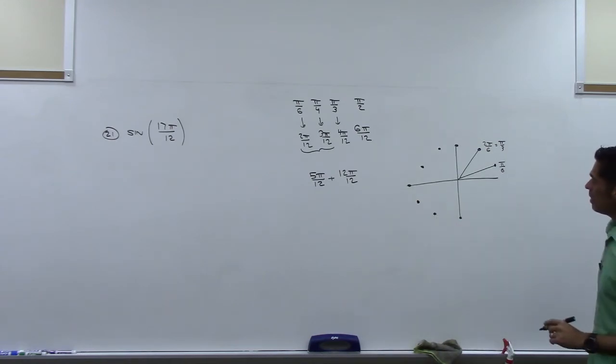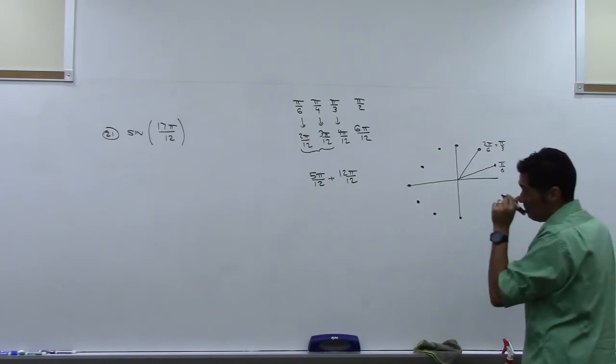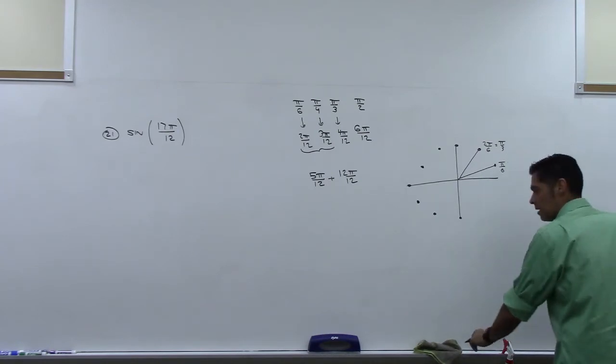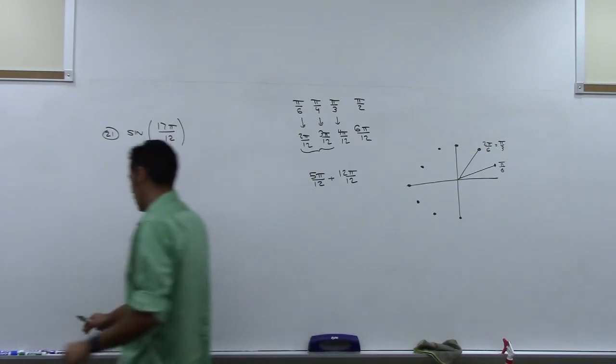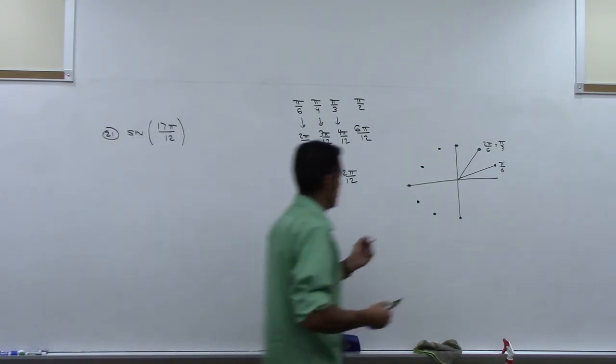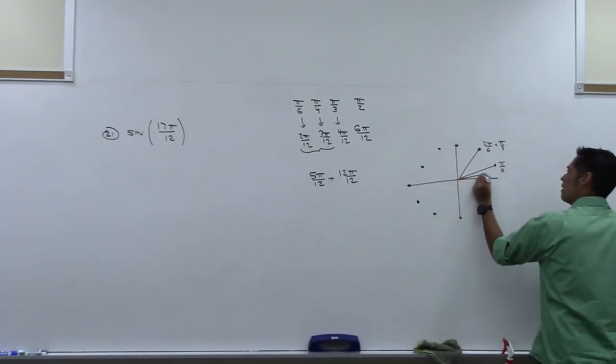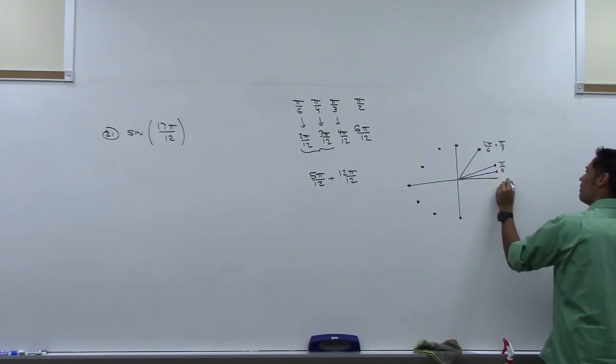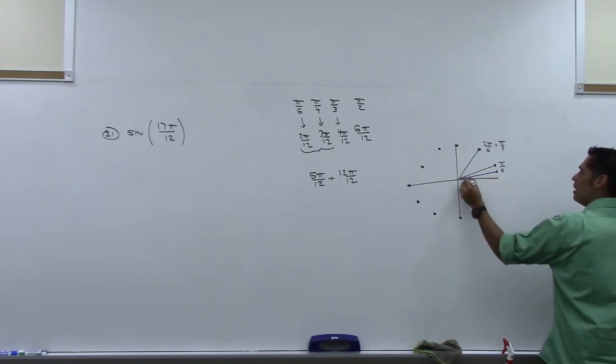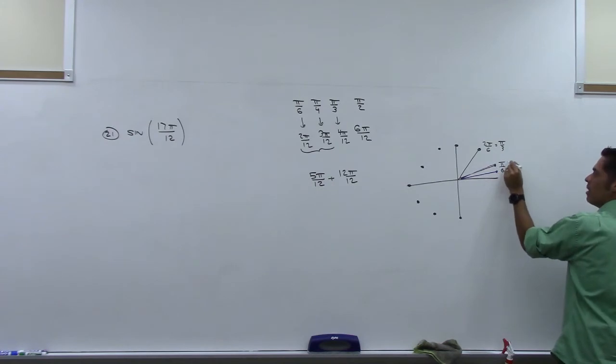So when we're looking at 17 pi over 12, we can imagine cutting these instead of into sixths, into twelfths. So this would be pi over 12 right there. That's pi over 12. And this would be 2 pi over 12 right there.